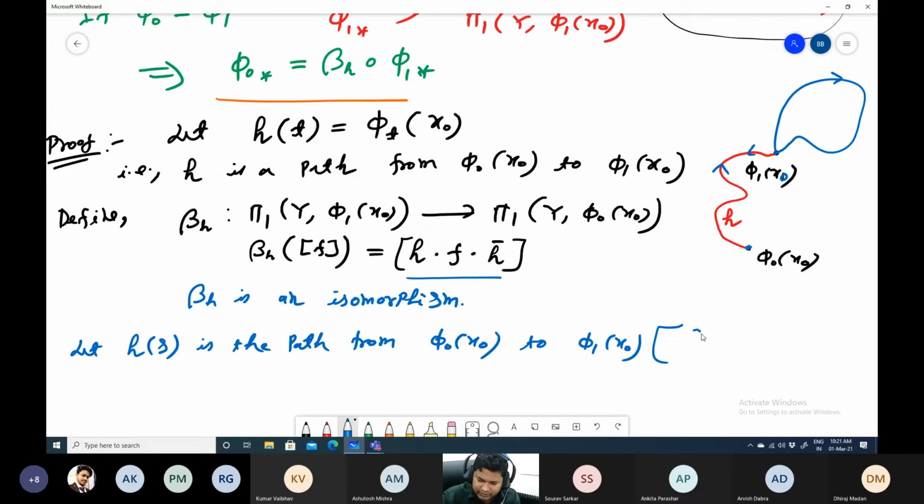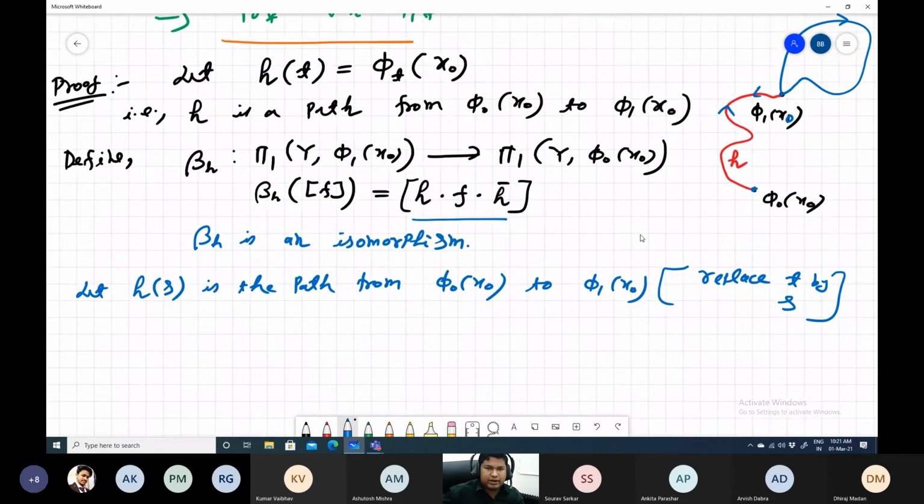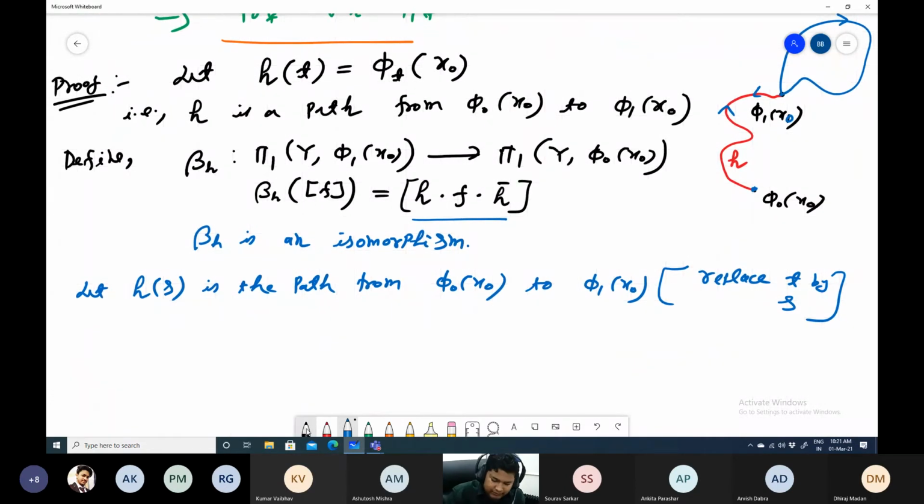That's when we just replace t by s. Okay, because we need t, so we should not write t here. Now let us define a map h of t, s by h of t, s. In this way we define another path.